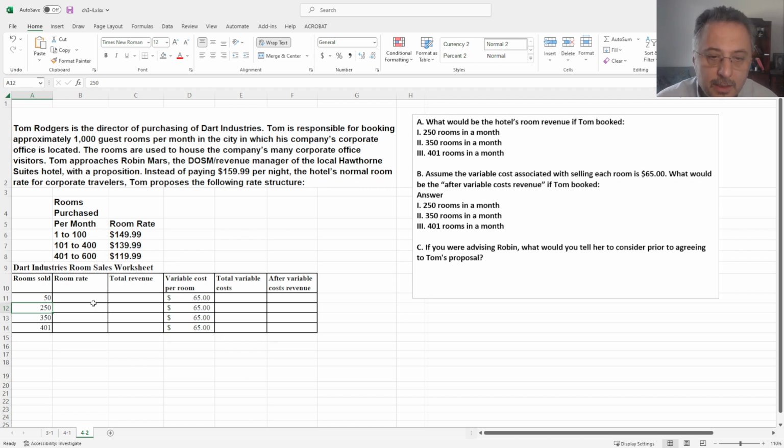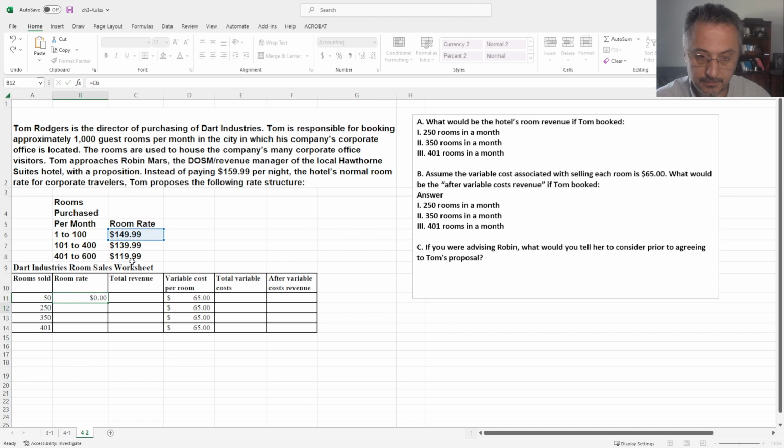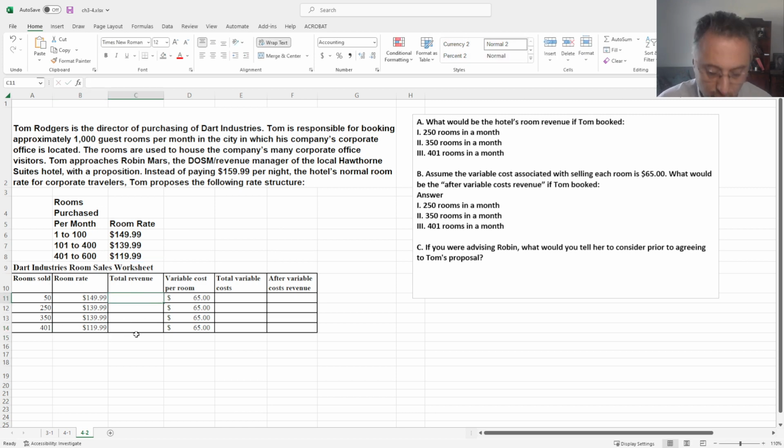Okay, let's see. First, if it's 50 rooms, it is going to be basically this. If it's 250, which lies between this, 350 also lies between this, and 401 is basically this one. And total revenue is going to be rooms times room rate. In this case, we can just do this automatically.